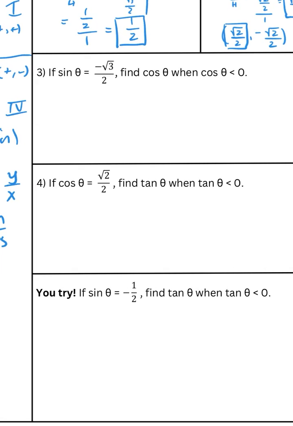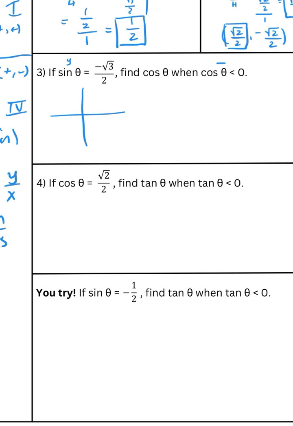Okay, now these are going to get a little bit tricky. If sine of theta equals negative square root of 3 over 2, we want to find the cosine when the cosine is negative. There are two places on our unit circle where the sine is negative square root of 3 over 2. Sine is your y, remember?